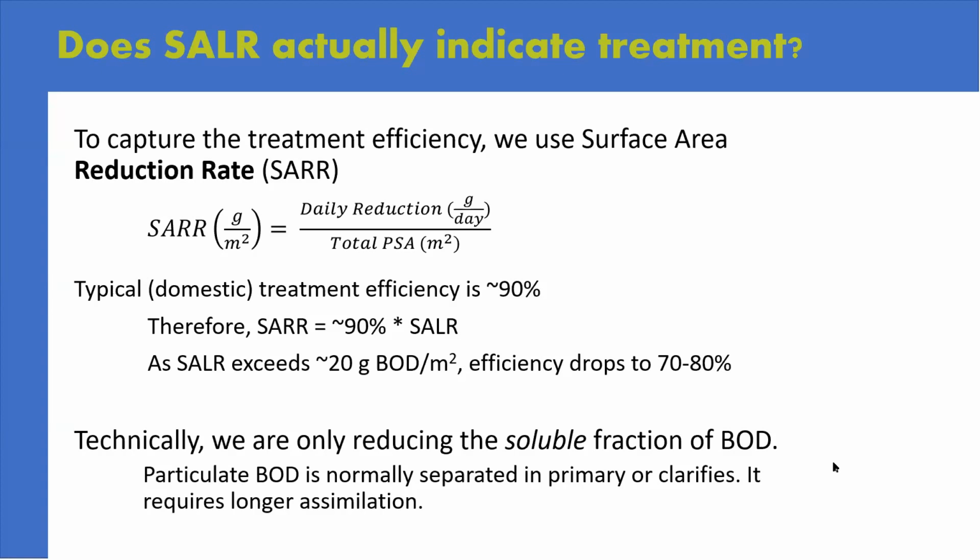If your BOD is in particulate form, it's better to separate that out via a primary clarifier or maybe even secondary clarifier or tertiary treatment, because it's not going to be broken down in the biological system as easily as soluble BOD. Particulate BOD is going to take a longer time to assimilate and therefore a longer time to break down.